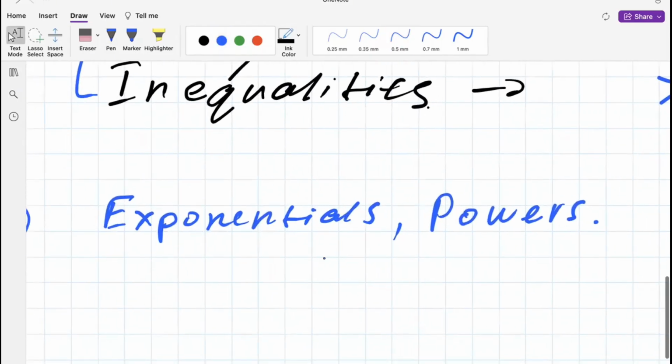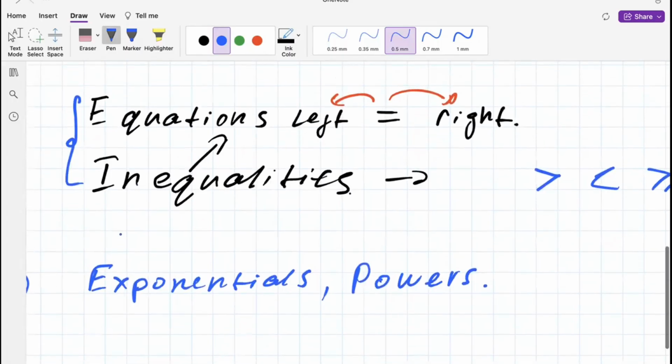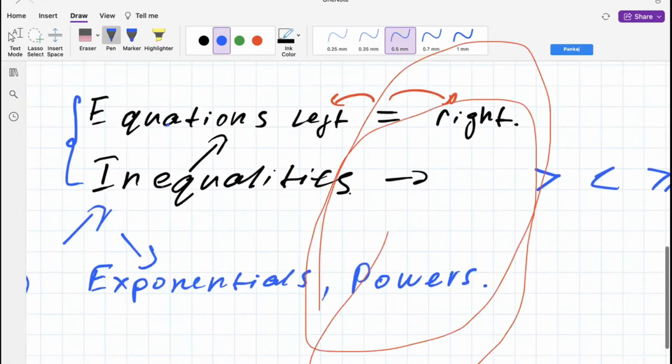In this level, we'll go through the main exponential properties like product rule, division rule, power rule, and so on and so forth. Once you know these main properties, main laws, I would say, then you can work with exponential equations or exponential inequalities. So in order to study exponentials, you should know how to work with equations and inequalities.